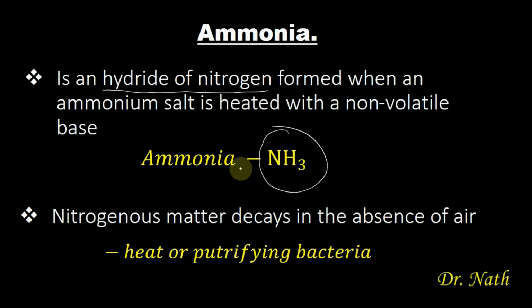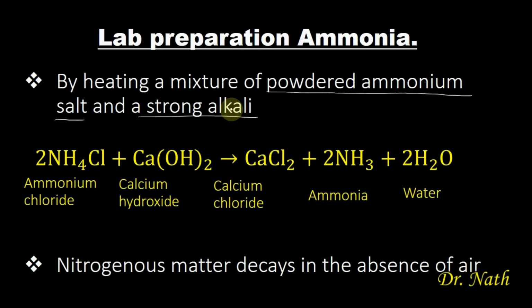From the previous page, we've already established that ammonia is a hydride of nitrogen. It is formed when an ammonium salt is heated with a non-volatile base, and I've said that the non-volatile base is usually a strong alkali. So in the lab, ammonia is prepared by heating a mixture of powdered ammonium salt and a strong alkali.